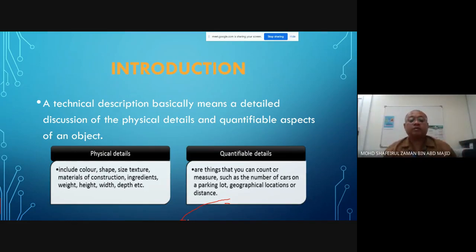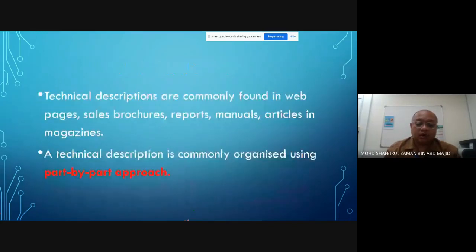At the same time, you explain how many products you are going to share with your audience. So let's say you have a large machine, you are only going to explain about one machine altogether.